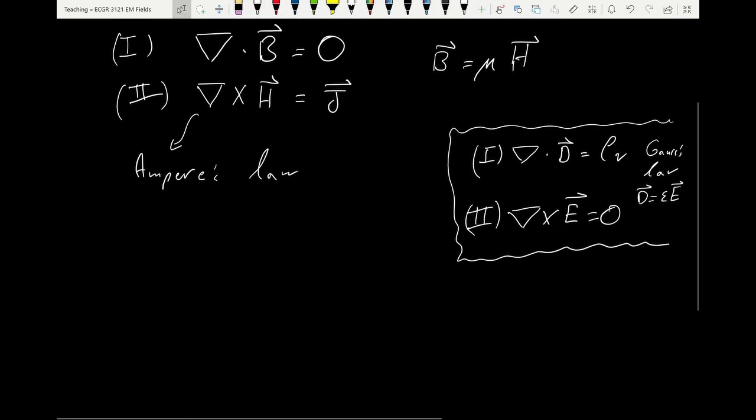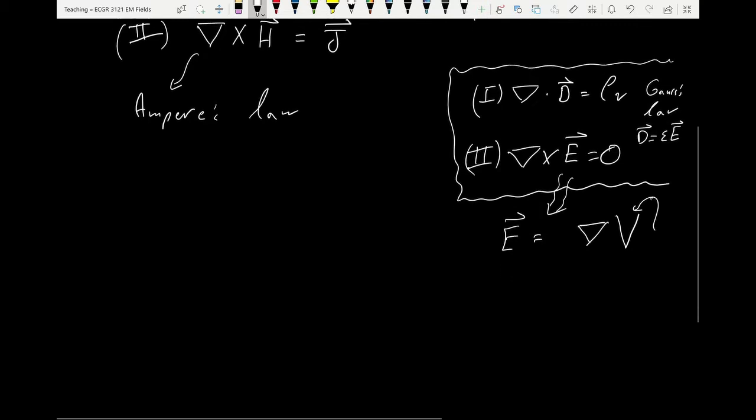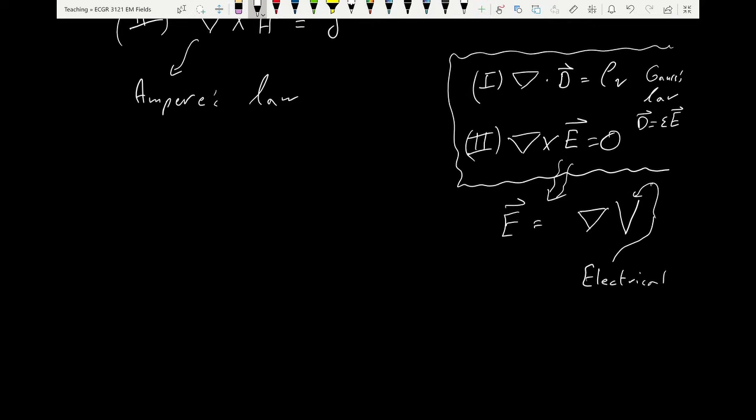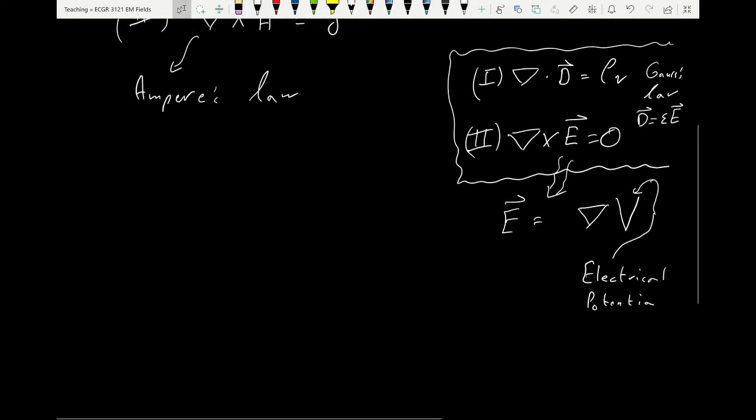Now, in the case of electrostatics, we utilize axiom number 2, where the curl of E is 0. We use that to state that E can be written as the gradient of some scalar field, and we call that scalar field the electrical potential. Sorry, not the divergence, the gradient.